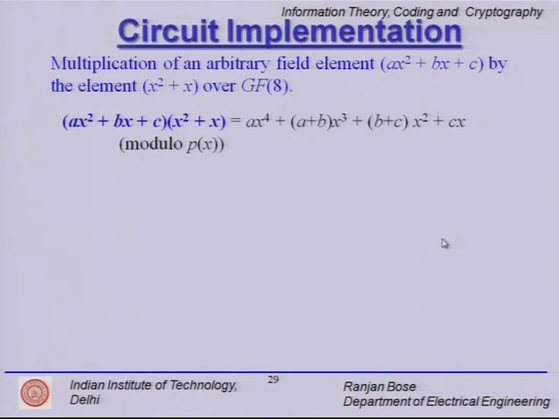The other thing required in circuit implementation of cyclic codes is the product of two polynomials. So far, we are very comfortably representing a polynomial as a vector and a vector as a polynomial. There is a one-to-one correspondence. Now suppose we want to multiply two polynomials using circuits. How do we do it?